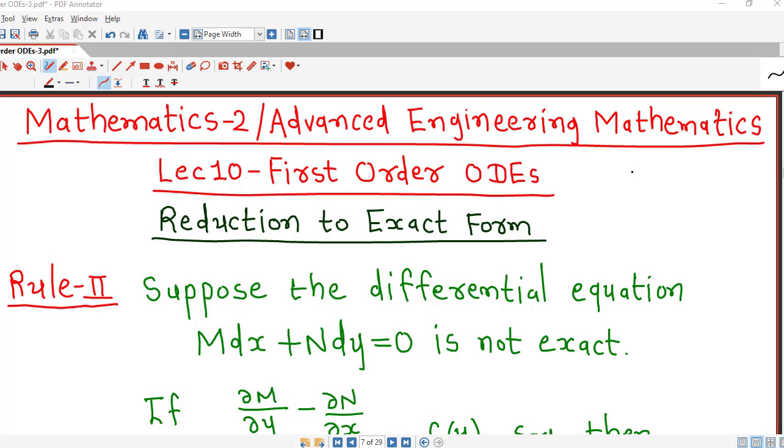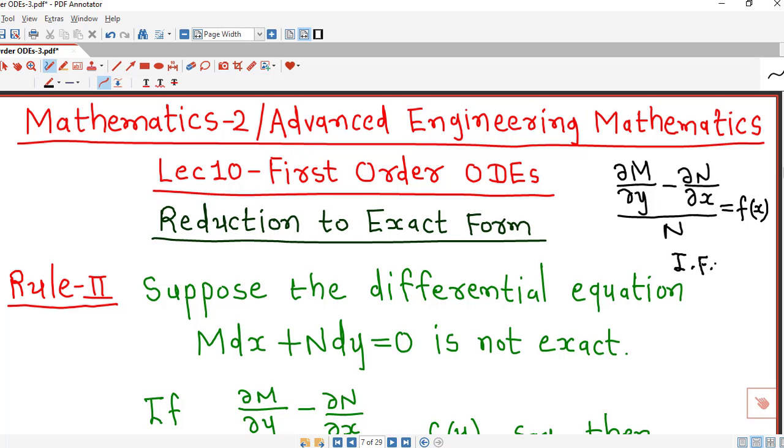Let us recall that if our differential equation is not exact, and if (del M by del y minus del N by del x) divided by capital N turns out to be a function of x only, then, as discussed in the previous lecture, the integrating factor is given by e to the power integral of f(x) with respect to x. So this was the first rule to find the integrating factor if the differential equation is not exact.